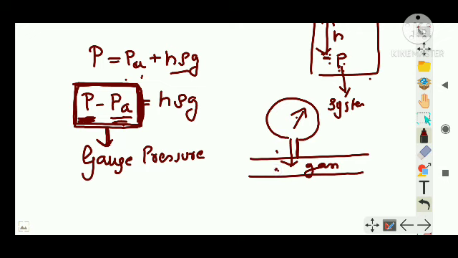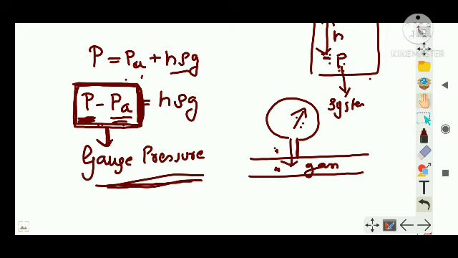It doesn't actually give the exact or system pressure. It gives the pressure difference between the pressure at some point and the pressure of the atmosphere, right? That's why it is called gauge pressure, because gauges always show this pressure. So any device you use to measure pressure always shows gauge pressure.